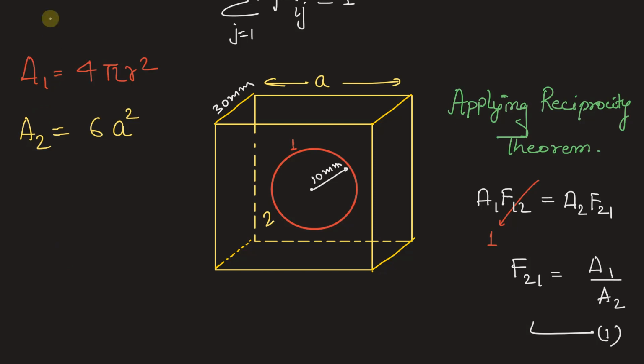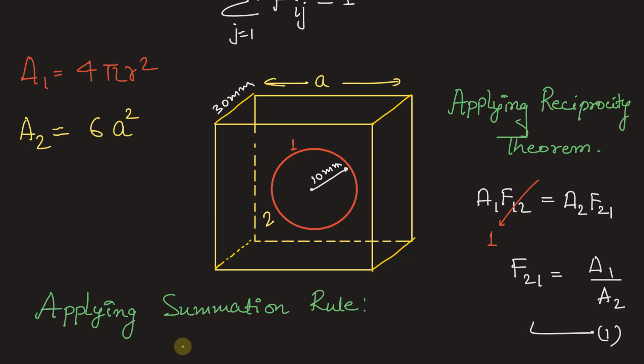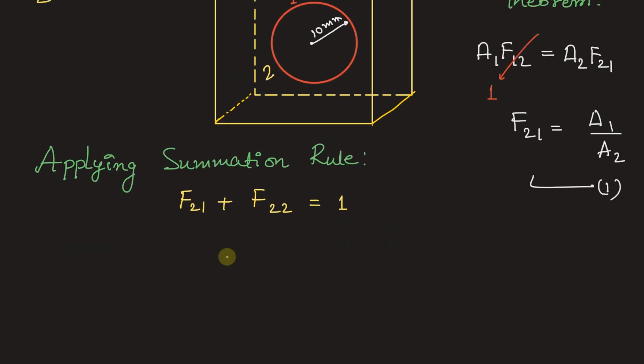Now also if we apply the summation rule, we can write the view factor F21 plus the view factor F22 should be equal to 1 according to the summation rule. Now from here F22 will be equal to 1 minus F21, and we have already calculated this F21 from equation number 1. If we substitute this value here, 1 minus A1 upon A2.